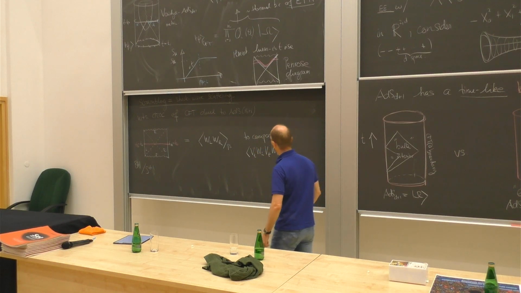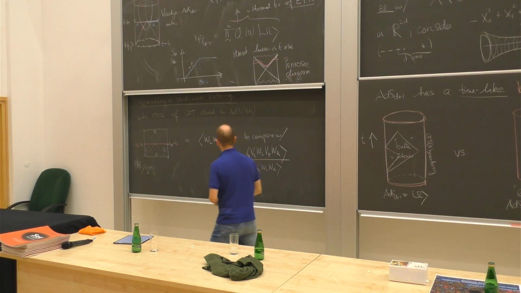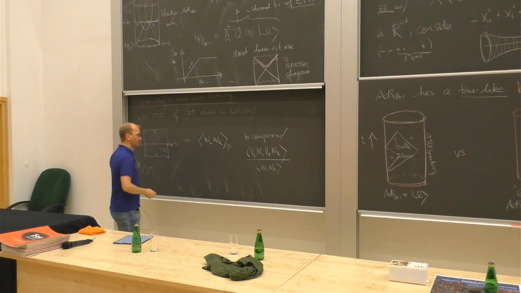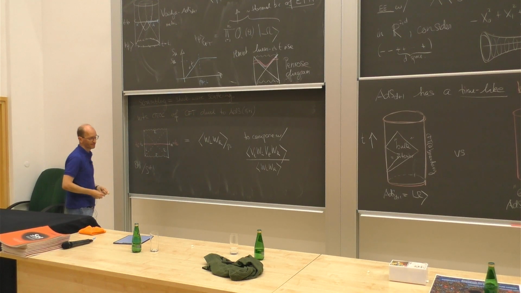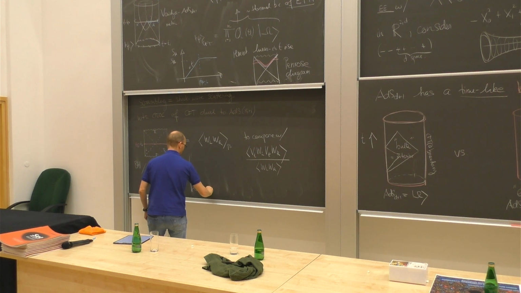And to compare with. So what I really want to calculate is this over that. Okay. And the way to see what happens here diagrammatically is actually the following: I start with, in principle, the same thing. So I have this guy.